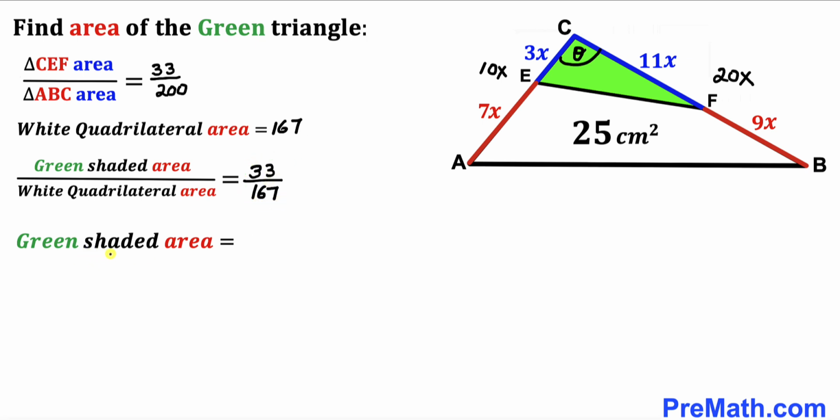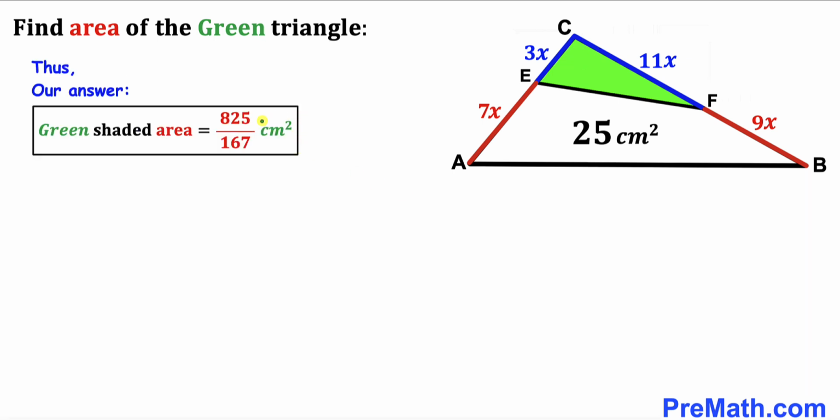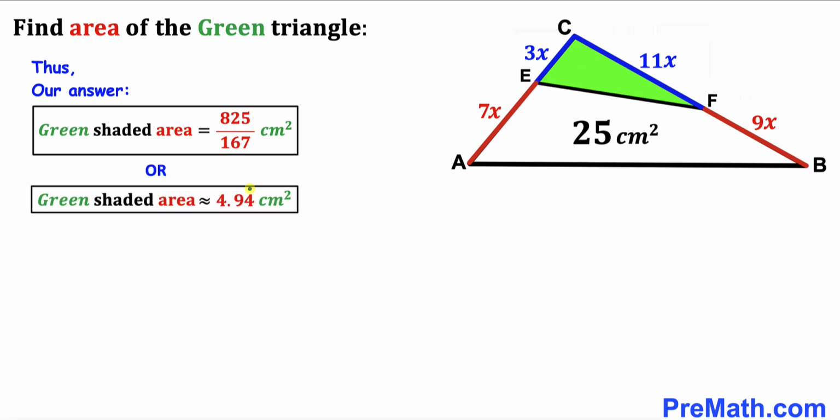So the green shaded triangle area is 33 divided by 167 times 25 cm². Multiplying the right hand side gives us 825 divided by 167 cm². So after all the calculations, the area of the green shaded triangle turns out to be 825 divided by 167 cm², approximately equal to 4.94 cm². And that's our final answer.